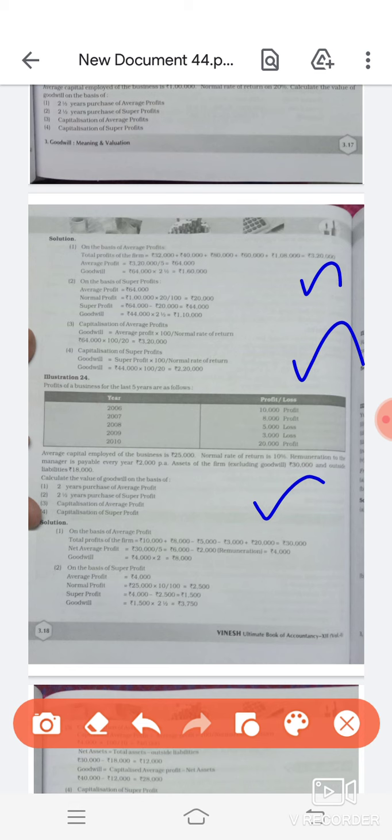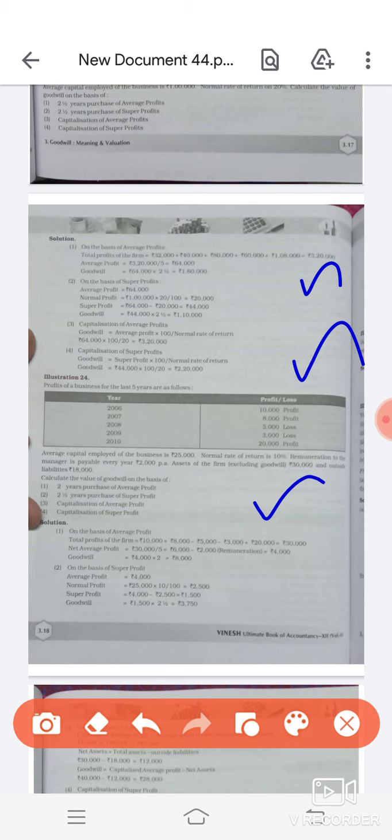Okay, this is the difference. It is not indicated for a specified year, like 2008 or 2009. It is specified as payable every year, so for all the years, 2,000 is payable as remuneration to the manager. So only after calculating the average profit, we subtract that remuneration expense.